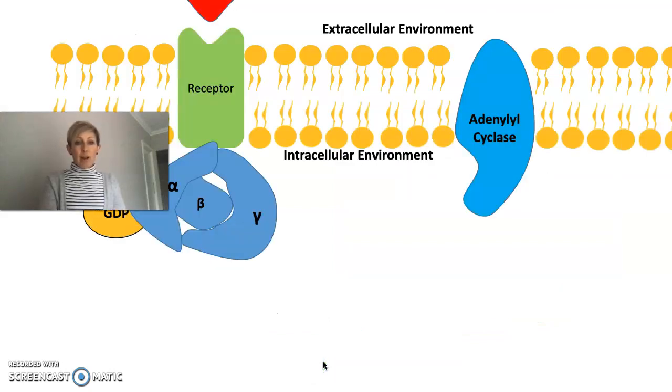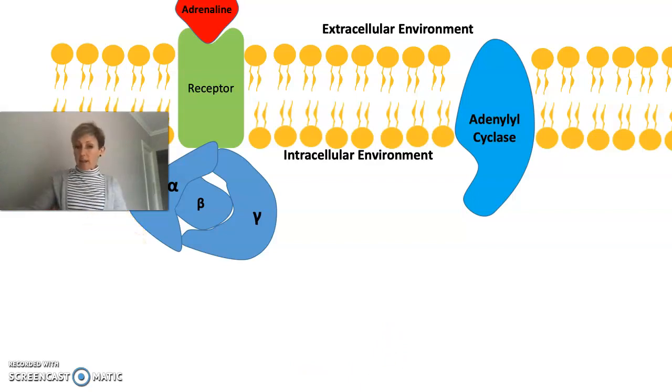The second scenario, we use adrenaline, not cortisol. And you can see a difference here in the position of the receptor. This receptor is receiving the signal on the outside of the cell membrane, so in the extracellular environment. And it's what we call a G protein coupled receptor. Now what you can see here is that as that binds, a change in conformation occurs in the proteins associated with that receptor.